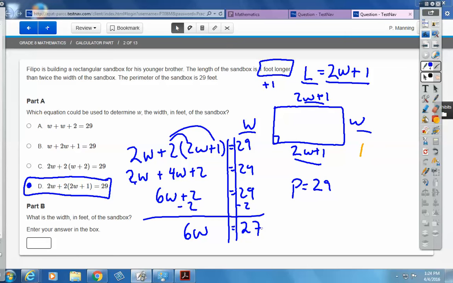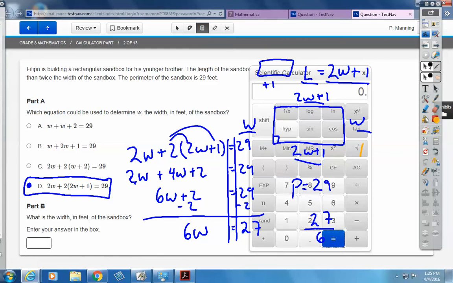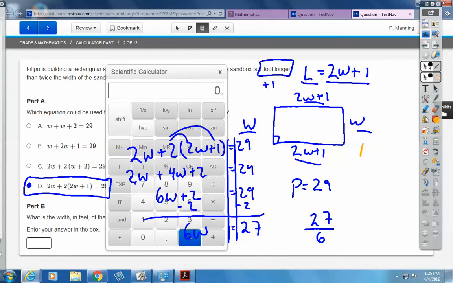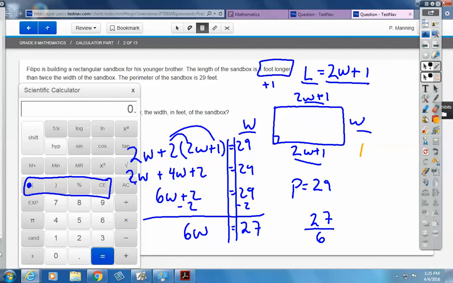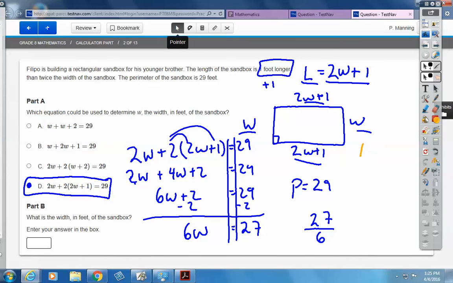We have 27 divided by 6, and as luck would have it, this is the calculator section, so let's go ahead and use the calculator. 27 divided by 6 is 4.5. So I type 4.5 into my answer blank, and that's it.